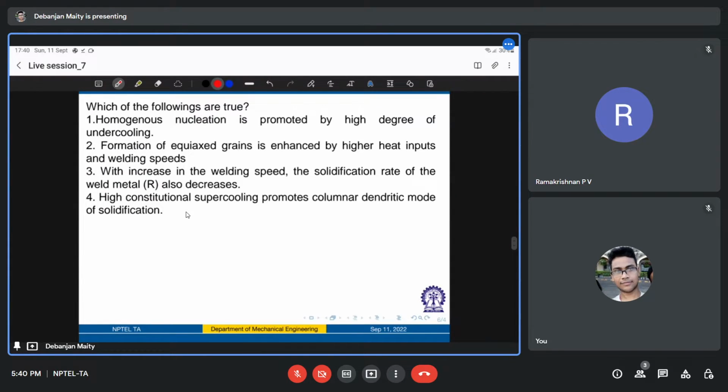Now here, again, we need to find out which of the following statements are true. It says that homogeneous nucleation is promoted by high degree of undercooling. Is it true or false? If there is high degree of undercooling, obviously there will be homogeneous nucleation.